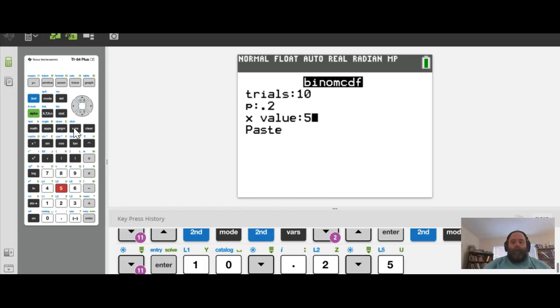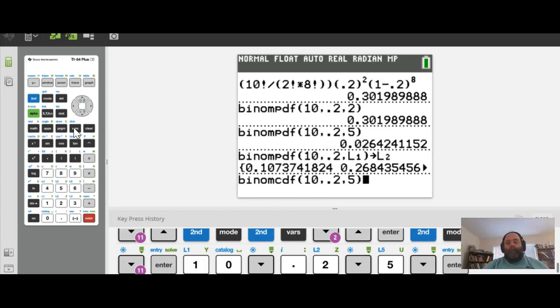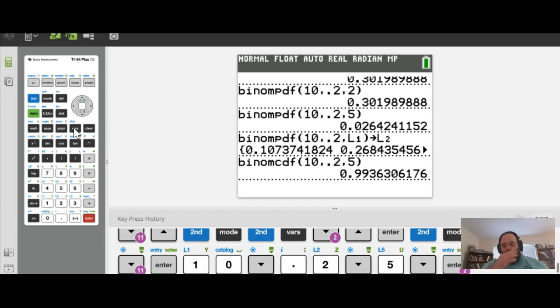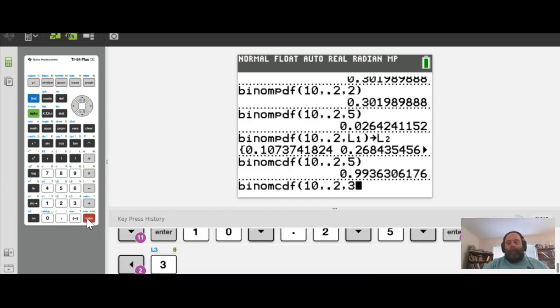I put in 5, and I get a really big number, about 0.99. The probability of getting 5 or less correct is 0.99. Did you hear that? It's 5 or less. The CDF gives you everything up to that number. If I wanted the probability of getting, let's say, 3 or less, I would put that in there.